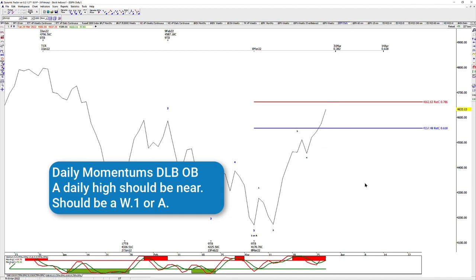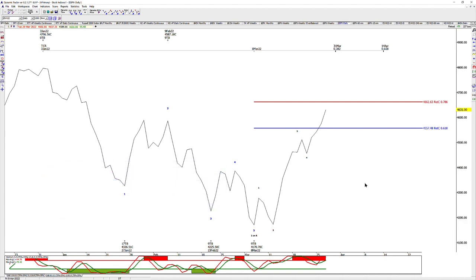We should have a wave 2 or B correction in the days ahead. So if the weekly momentum trend is bullish, but we're near a temporary daily high, then a decline should be a correction within the weekly bull trend.